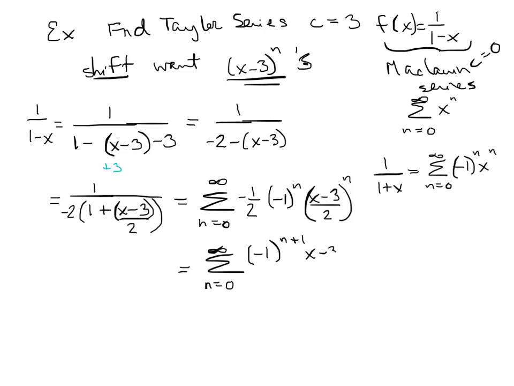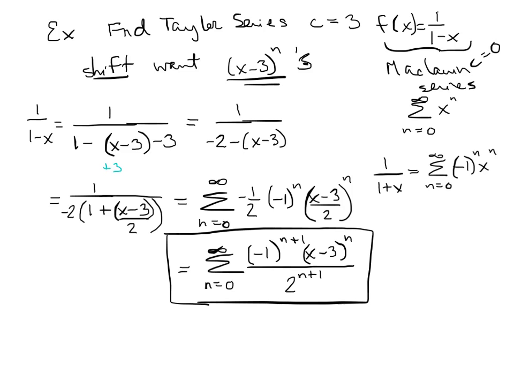I've got (x - 3)^n in the numerator. In the denominator, I've got 2^n and another 2 out in front from the 1/2, so that would add 1. So here would be my Taylor series for that function, which if it was a Maclaurin would be really simple, but we had to shift everything around to make it centered somewhere else.